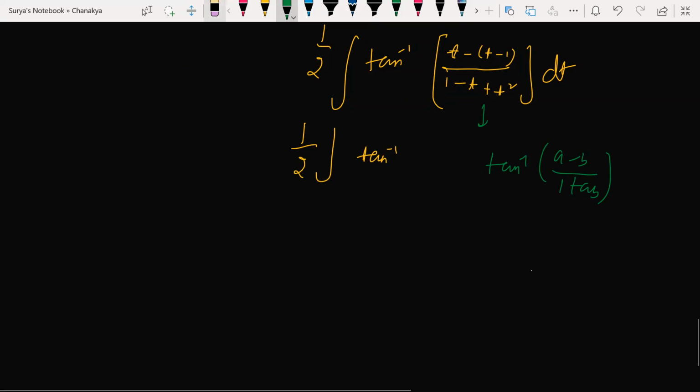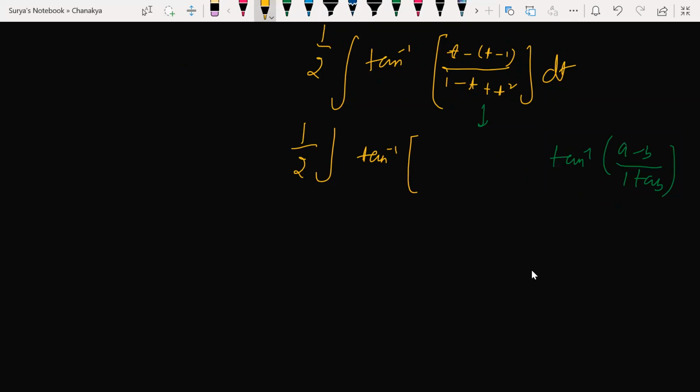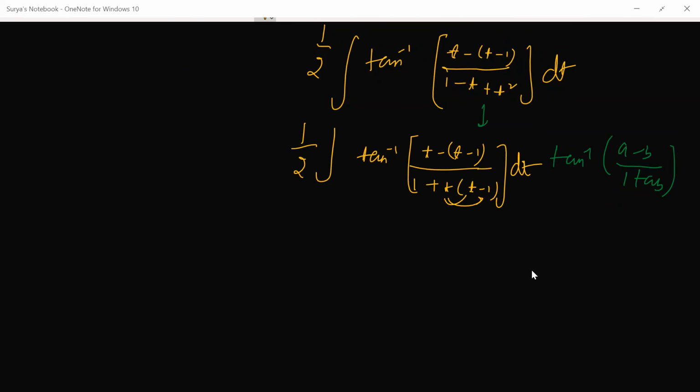I'll show it to you. Tan inverse of a minus b divided by 1 plus ab. So taking t common, a into b, look at this, into this, t square minus t. Satisfying or not?